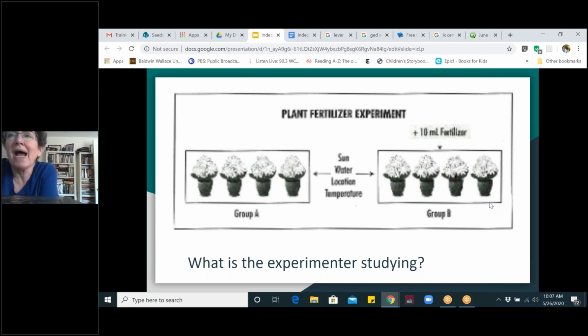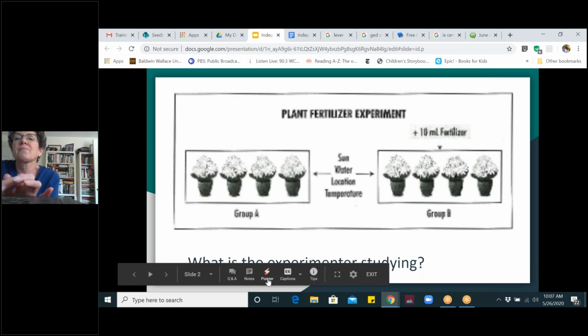cool. So what I think the experimenter is studying is the effect that adding fertilizer to plants will have on their growth. The experimenter is keeping everything the same.